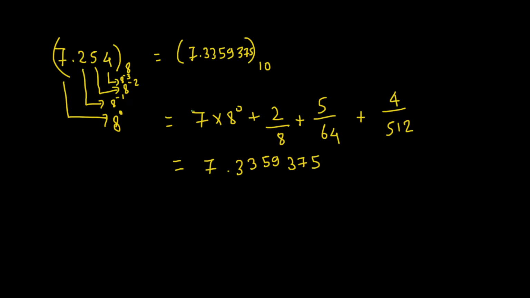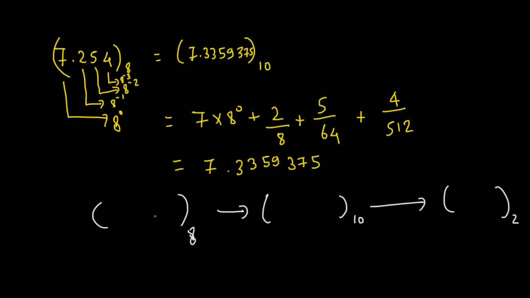Let's say we want to convert octal to binary, how can we do that? We know how to convert from octal to decimal, we just saw the method. So if we have base 8, we know how to convert it into base 10, and converting from base 10 to base 2 is easy.